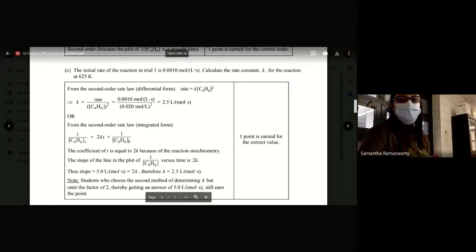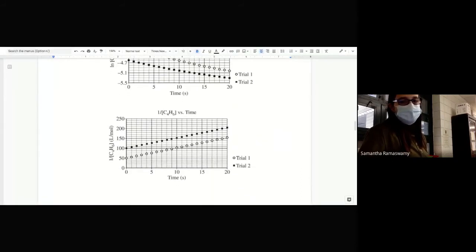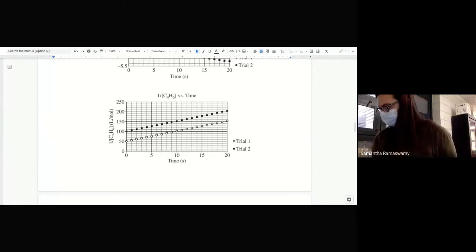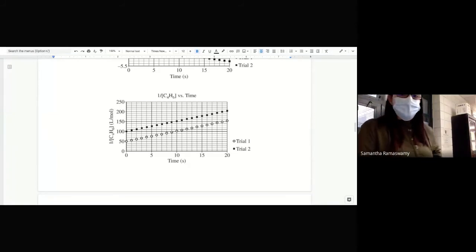Let me go to this tab so everyone can see it. You could have looked at the second order graph. They were talking about trial 1, so it probably would have been better to pick points from trial 1. Are you estimating here? Yes.